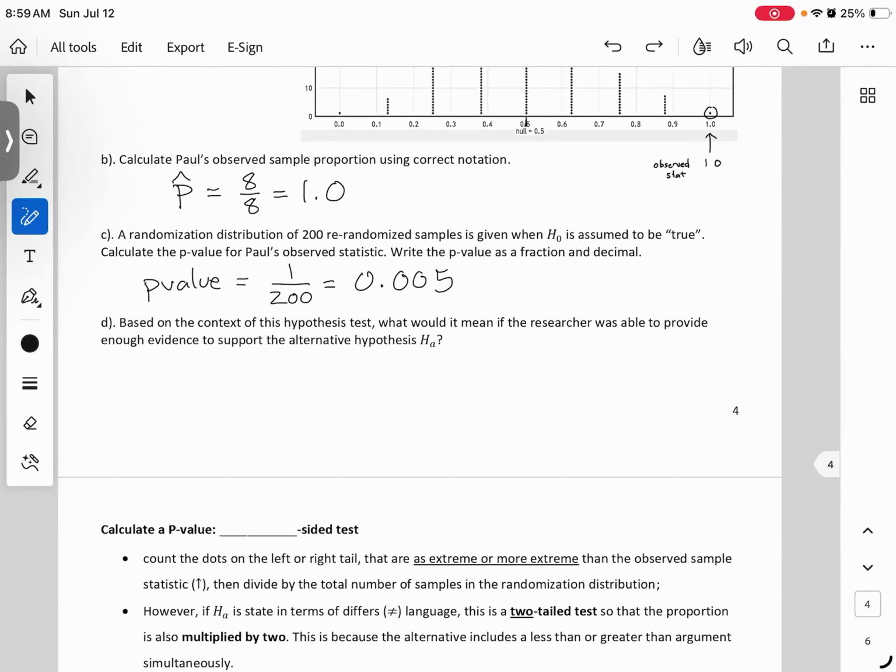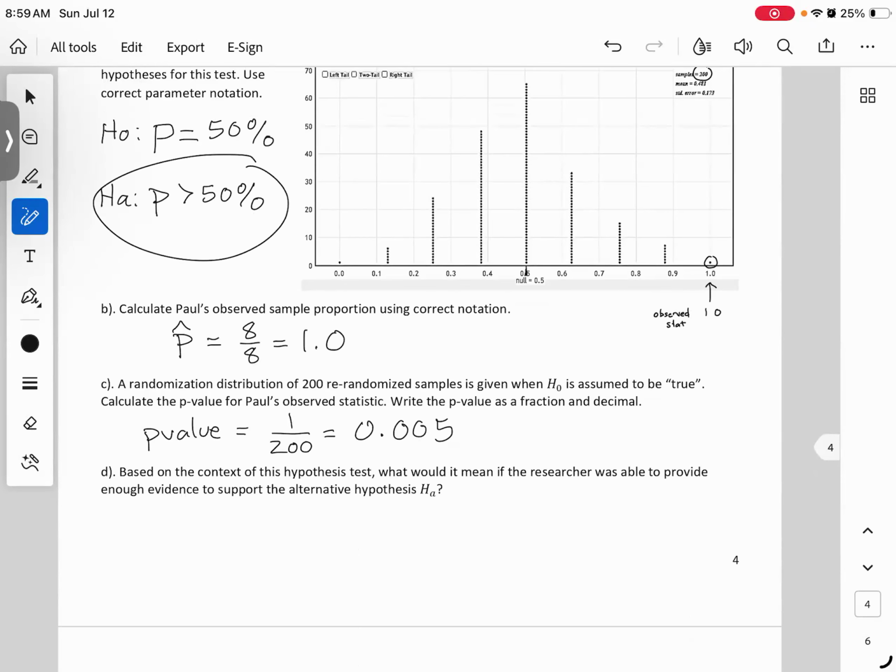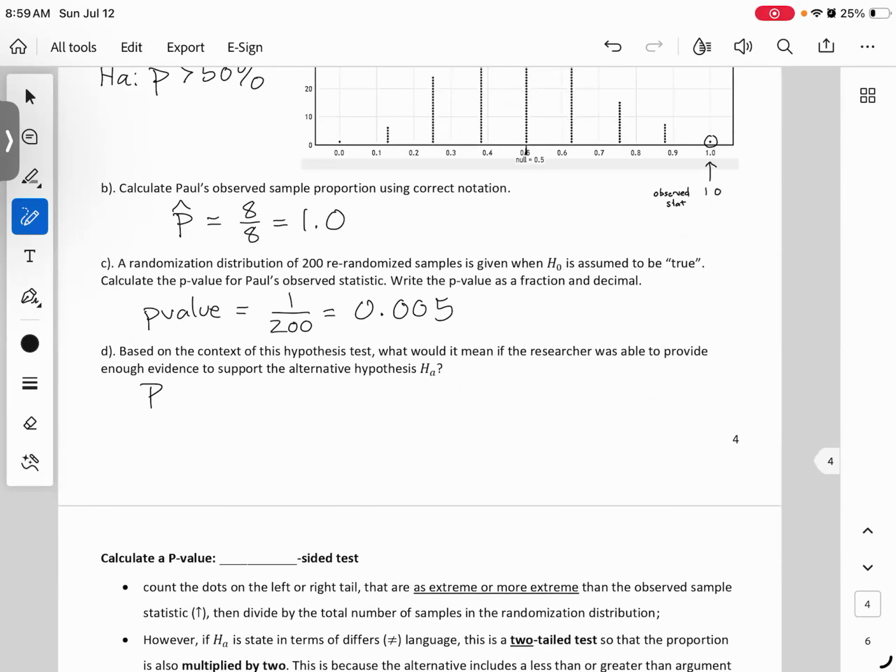So again, all we're doing is restating this, that the proportion of correct guesses is more than 50%. There's evidence that Paul can choose the winner correctly.